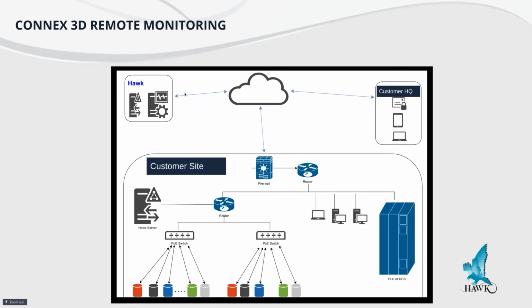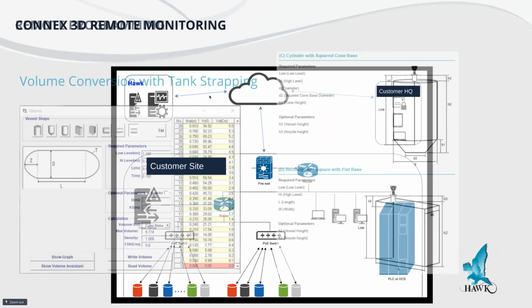The data can also be shared with Hawk, where we can, via remote login to the data, configure the devices on field commissioning, or even take a look at any of the field devices if you have any question as to the validity of the data. We can actually go in and make a diagnostic check.